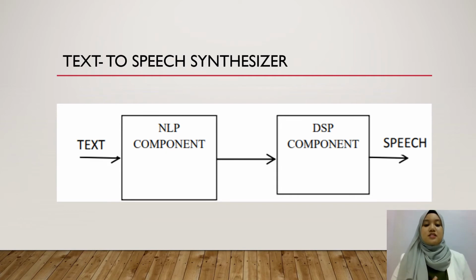There are two processes involved in a text-to-speech synthesizer, which are reading text and production of sound. First, the text needs to be read from the front end and the numbers and abbreviations are transformed into text. For example, the letters FYI will be transformed into "for your information" by using text to phoneme or grapheme to phoneme.